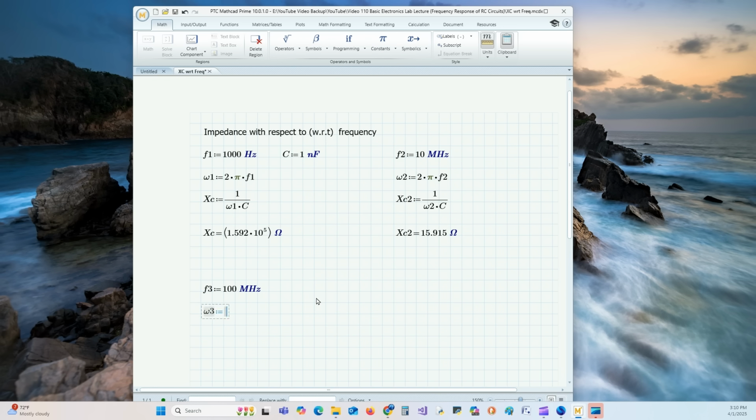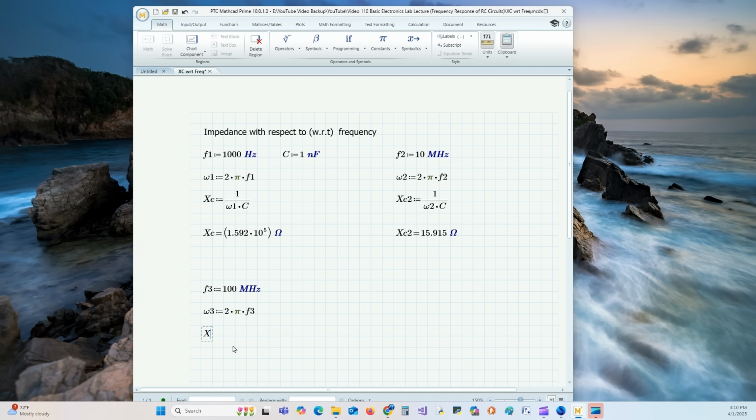Shift colon. 2 times pi times F3 equals the radian value of the frequency. Our F3 is 100 megahertz, and 2 pi F3 is the radian value of that.